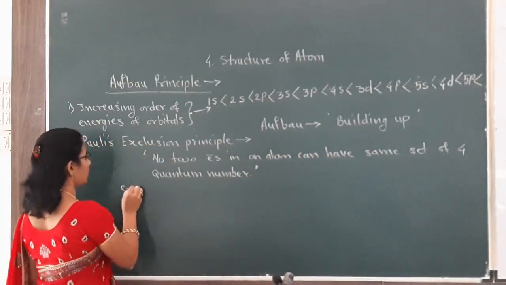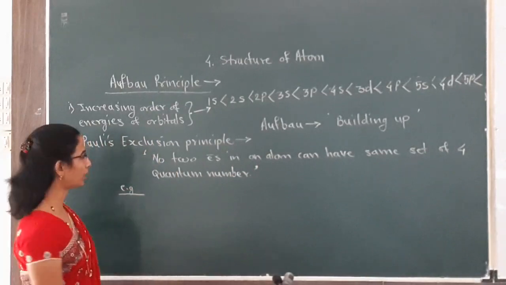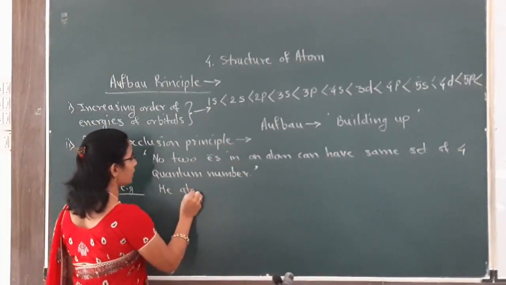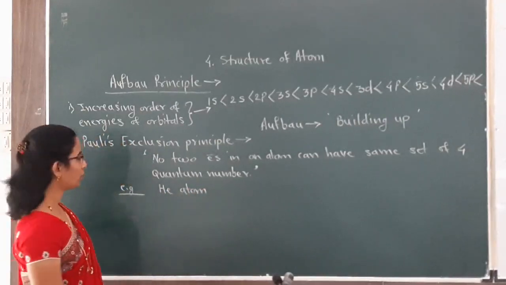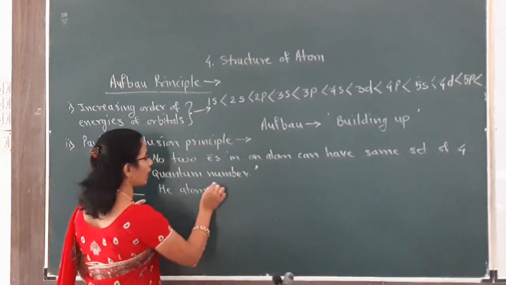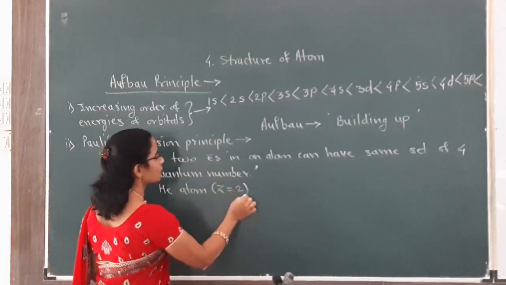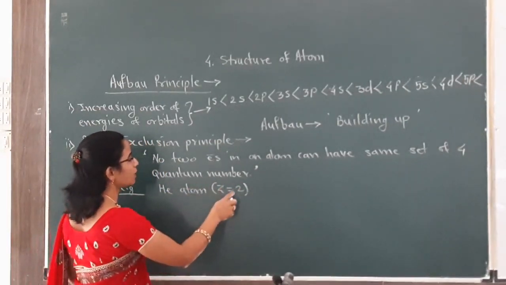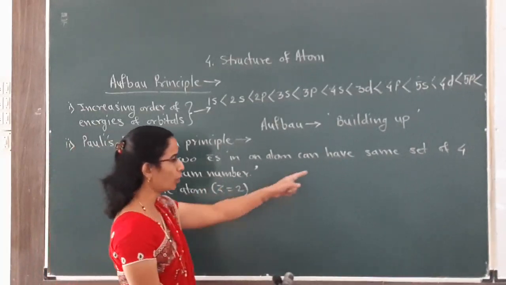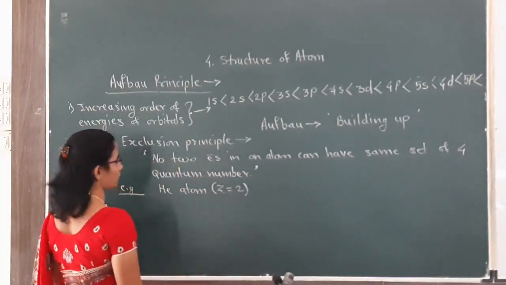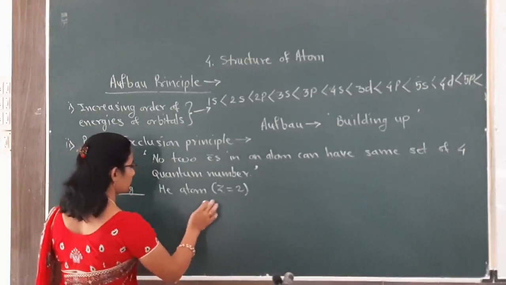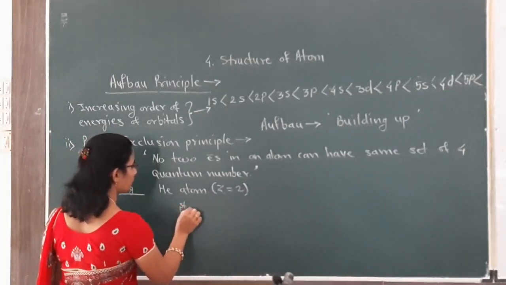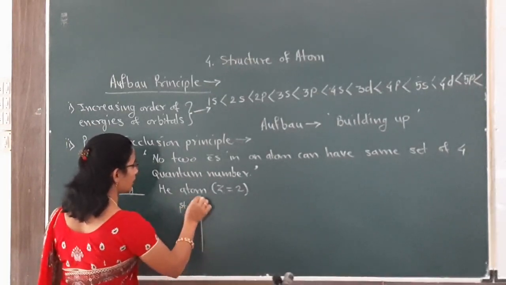In order to explain this principle, I will take one example. Consider the electrons present in the helium atom. We know that the atomic number of helium is 2, meaning 2 electrons are present in helium. Now, for these 2 electrons, I will show the 4 quantum numbers. Let's see the first electron.